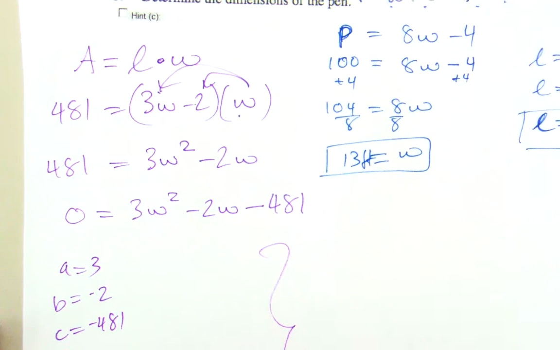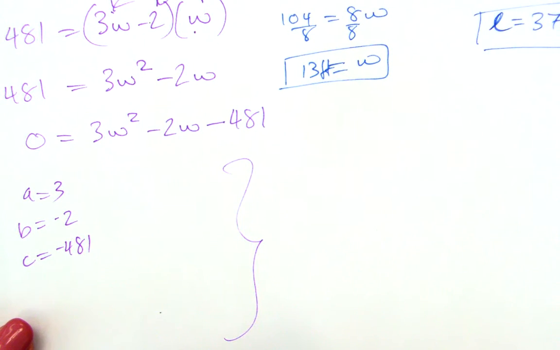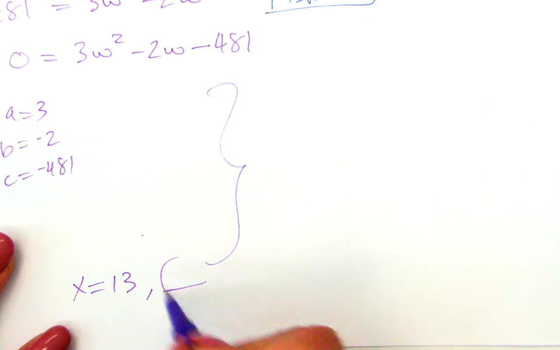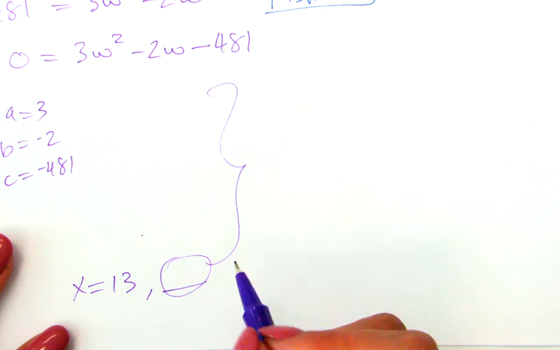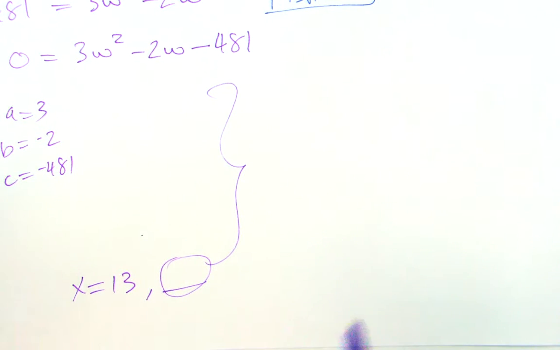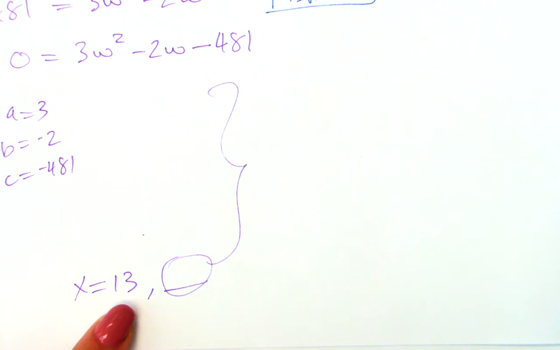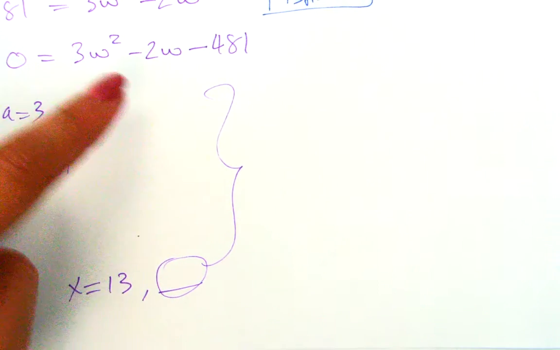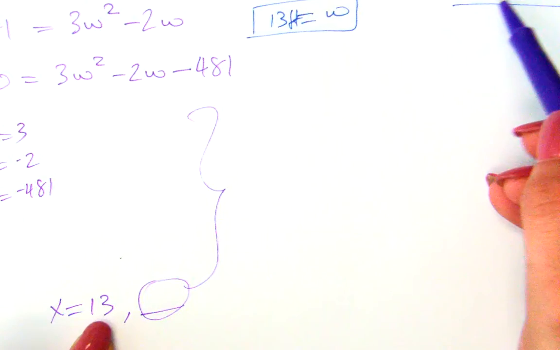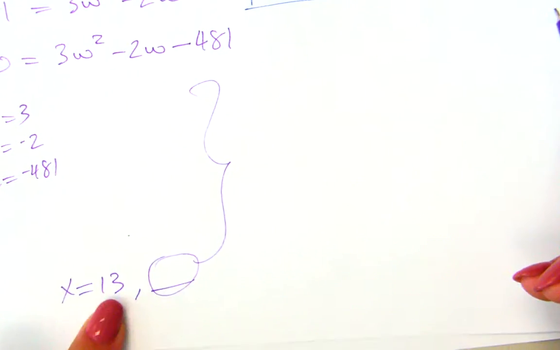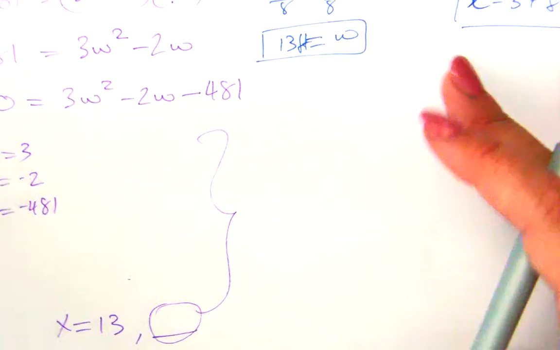And if you did all this work and punched it in, you should get x equals 13 and something else. I don't even know what the other something else is, but you're probably going to get a negative number, which should not make sense in the context of the problem because you can't have a negative width. So x equals 13 is your only option. Please work this out because you need more practice actually working the quadratic formula out. And then when you plug it back in again, you should get 37 feet for the length. Okay, so that was number 59.